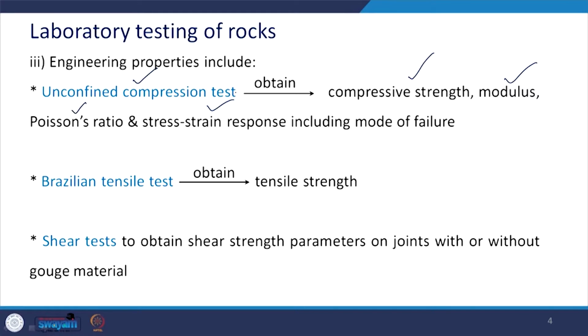We will discuss all these things in detail. The name of the test suggests unconfined compression test. That means we have to apply the loading in one direction and then try to fail the specimen and try to get the strength in one directional compression.